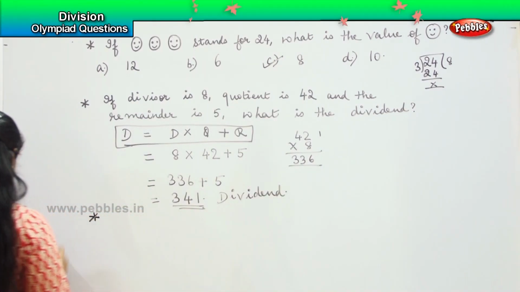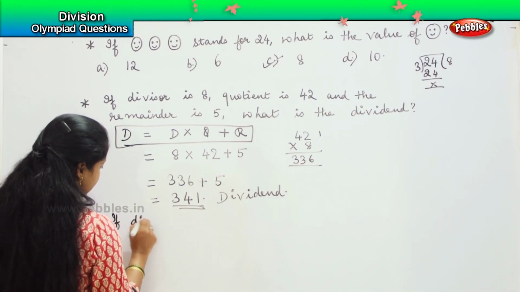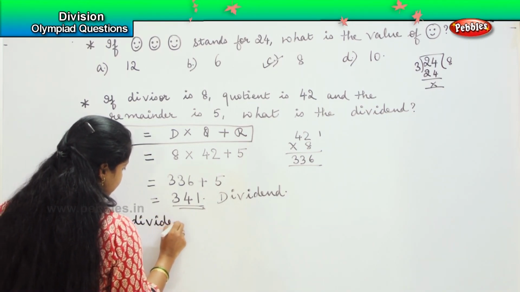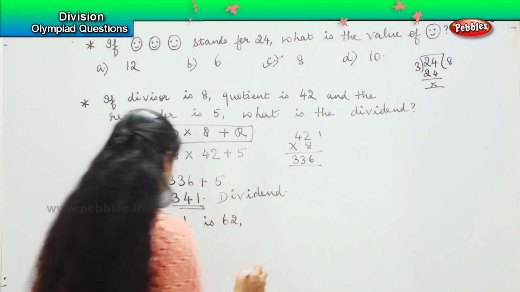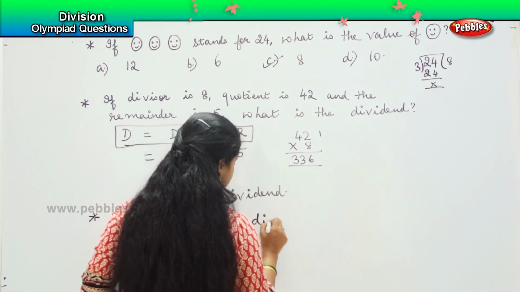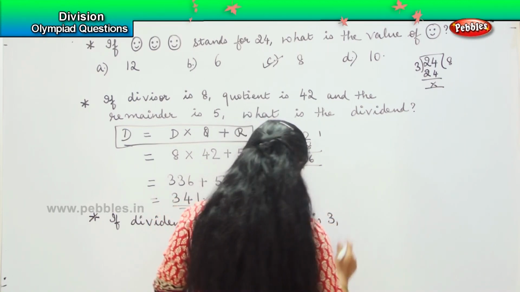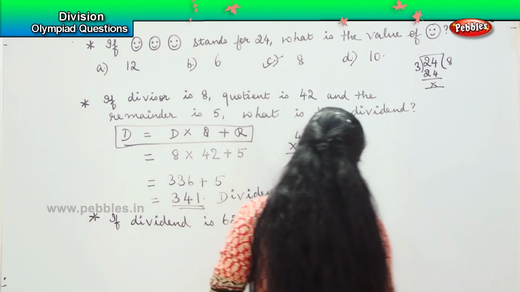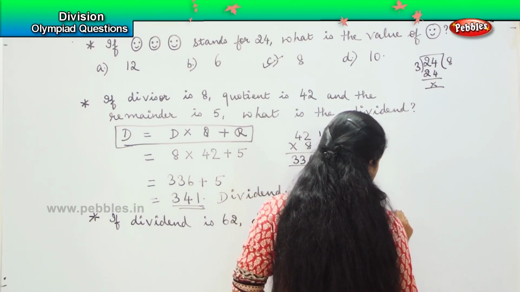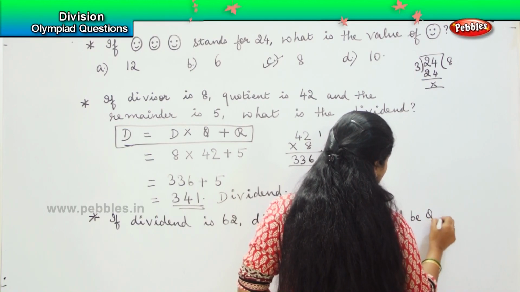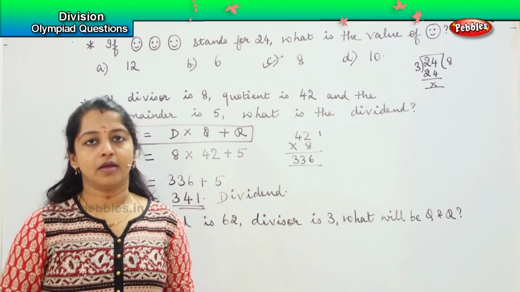Your next question says, if the dividend is 62 and the divisor is 3, what will be Q and R, which is quotient and the remainder.